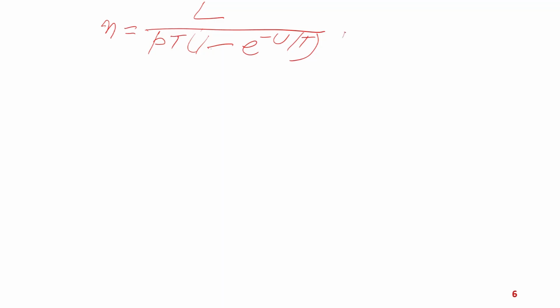And S is the number of satellites to be launched, it is L by tau.